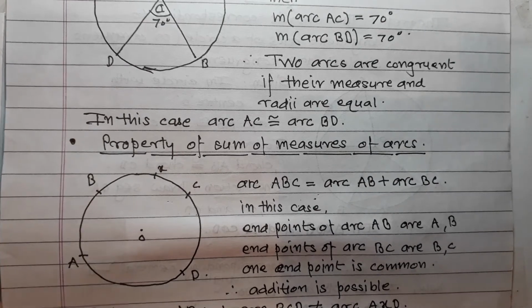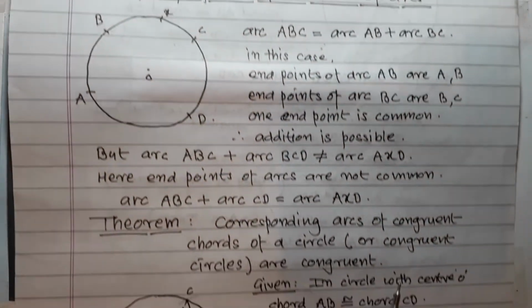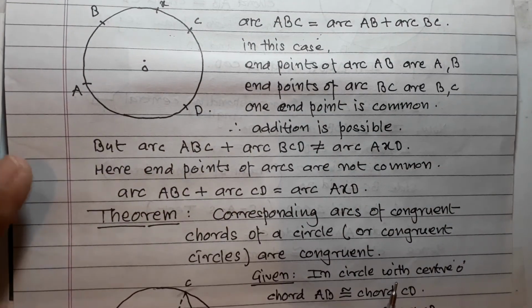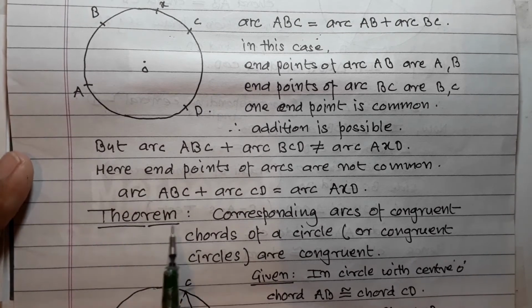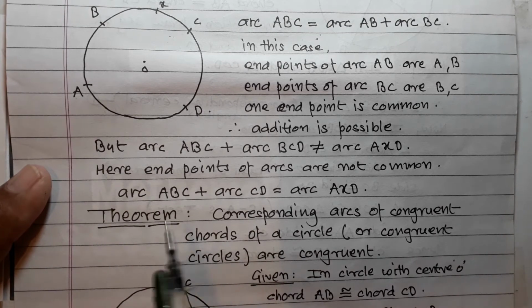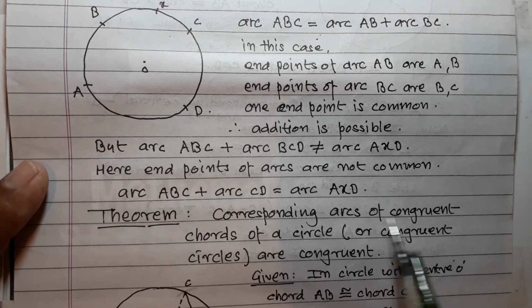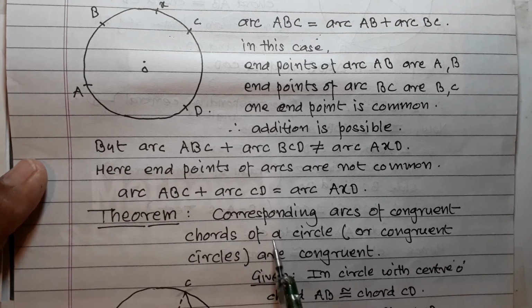Now you try to understand theorems. Theorem number 1: Corresponding arcs of congruent chords of a circle or congruent circles are congruent.